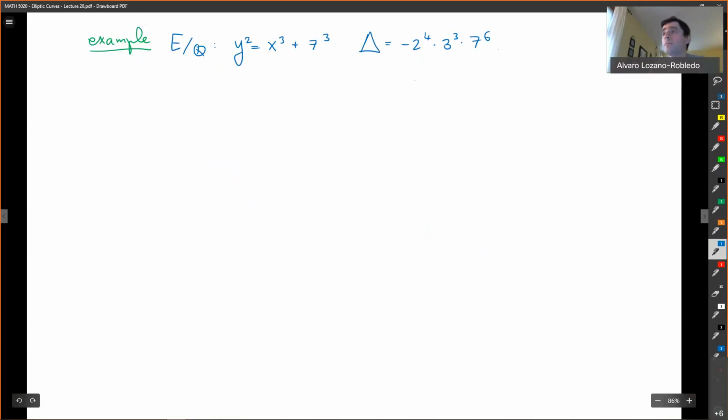And c4 is 0. Okay, so in particular here, 7 has additive reduction. This is minimal at 7, but the reduction is additive because 7 divides delta and divides c4. Okay, so p equals 7 is bad additive.